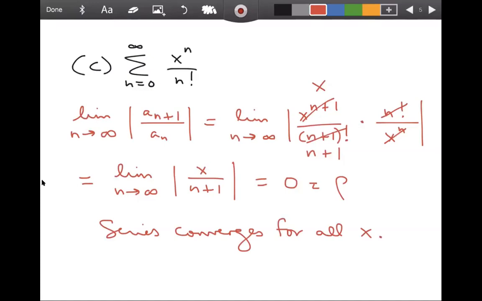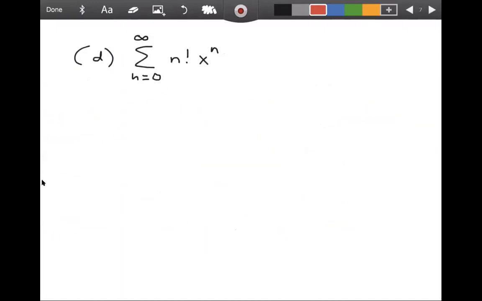And finally, we have this series, the sum n going from 0 to infinity of n factorial times x to the n. So kind of like the last example, except we're multiplying the n factorial instead of dividing it. So looking at the limit as n increases without bound. Oh, look, it's actually easy to write a sub n plus 1 divided by a sub n this time.